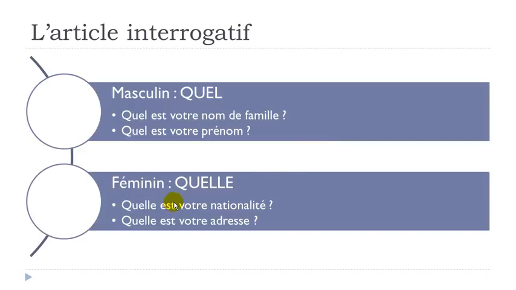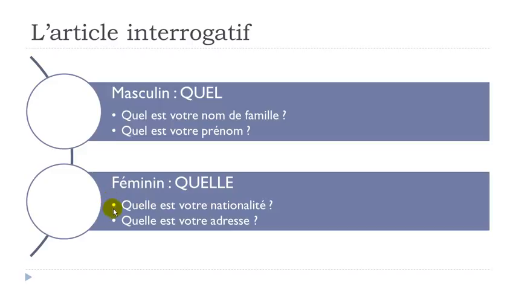The good news is that, as usual in French, we write the thing differently, but we pronounce them the same way. The feminine form is written Q-U-E-L-L-E, but it's pronounced like the masculine form. Quel at the masculine, quel at the feminine. So it's basically the same pronunciation.